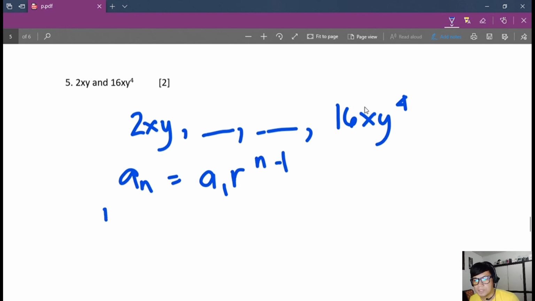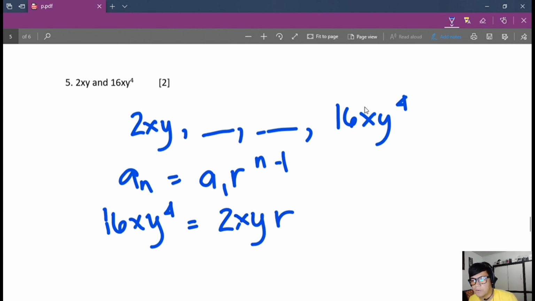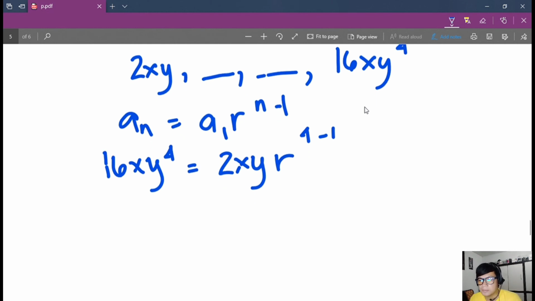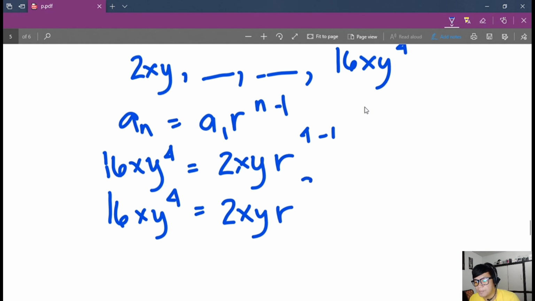Our last term 16xy to the 4th power is equal to 2xy r. So there are 4 terms minus 1. Simplify natin. 16xy to the 4th power is equal to 2xy r raised to the 3rd power.